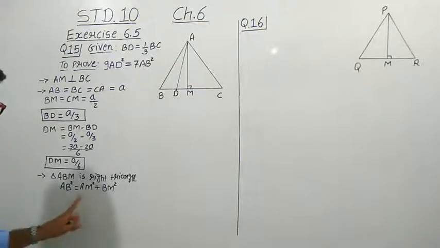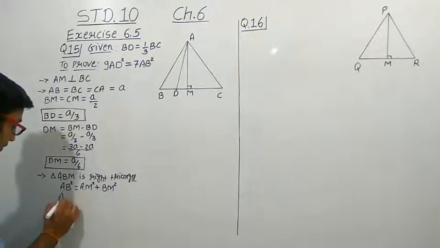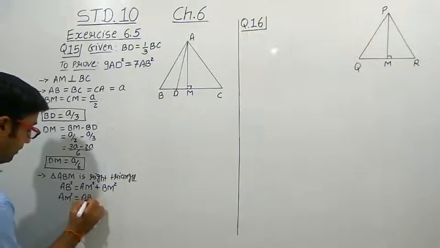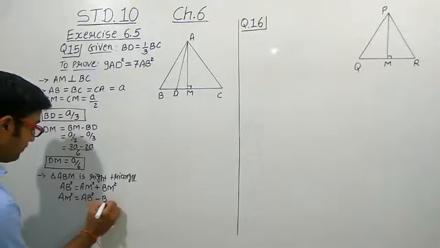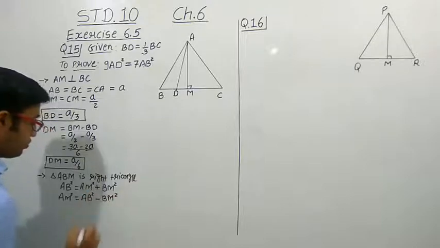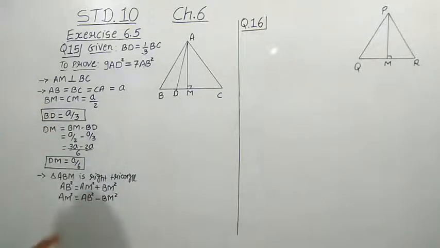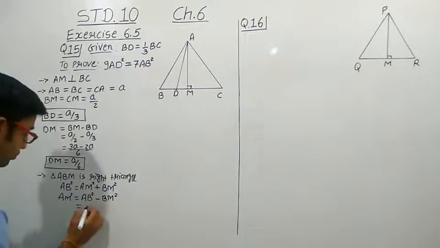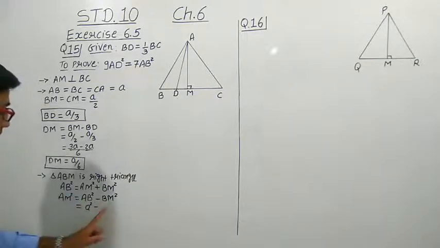See, here we do not require the AM, so let us make AM the subject. We can write AM square is equal to AB square minus BM square. Right? Now we can put down the value of AB as a, so a square. Now BM square is there.